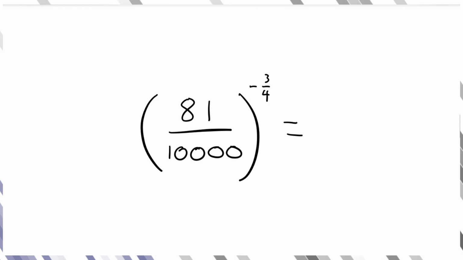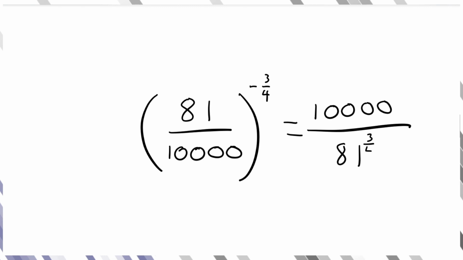We can take the reciprocal of our fraction, so 10,000 over 81, and then we can make the power positive because we flipped it upside down. So 10,000 to the power of 3/4 over 81 to the power of 3/4. If you're not sure what happened there, check out the last couple of videos.